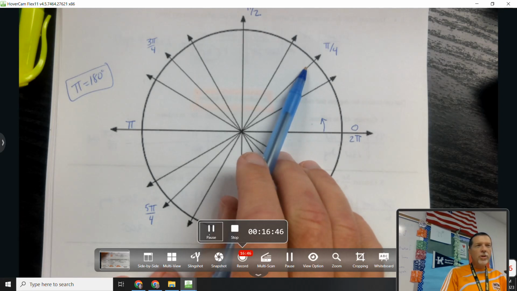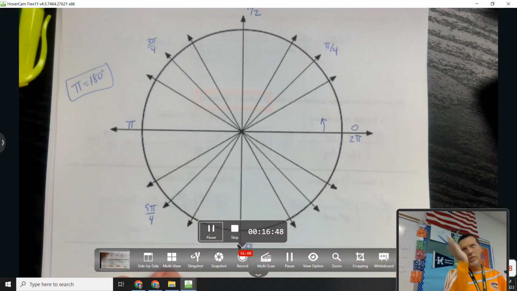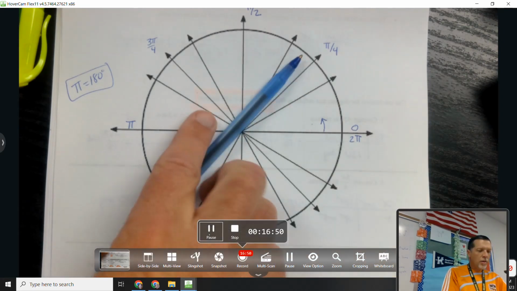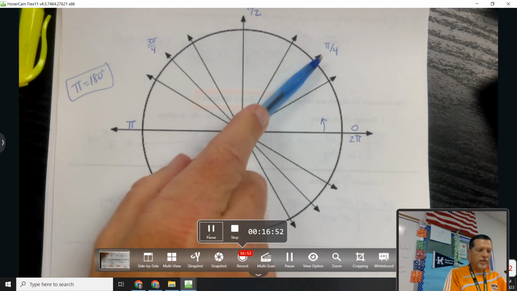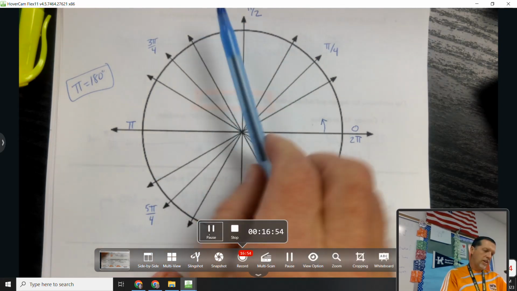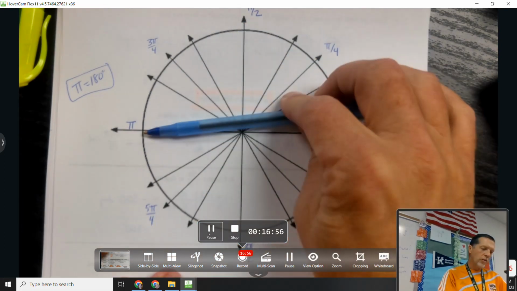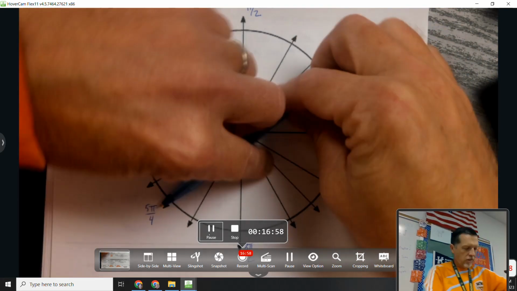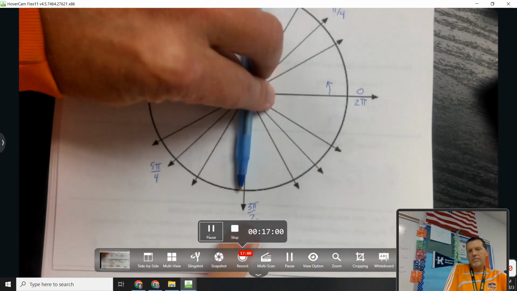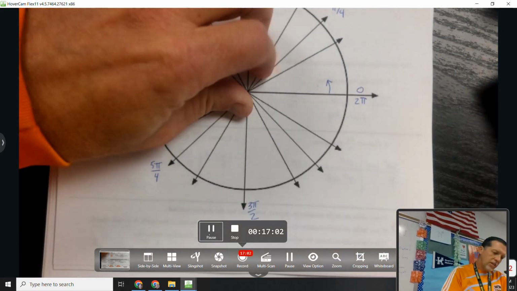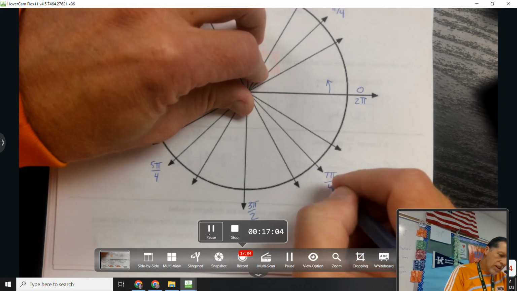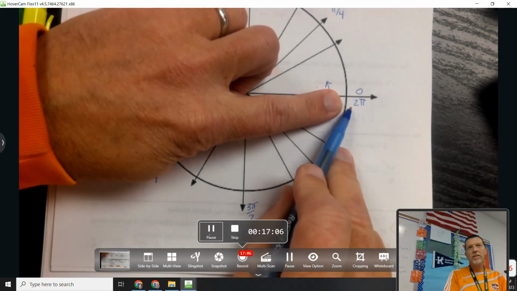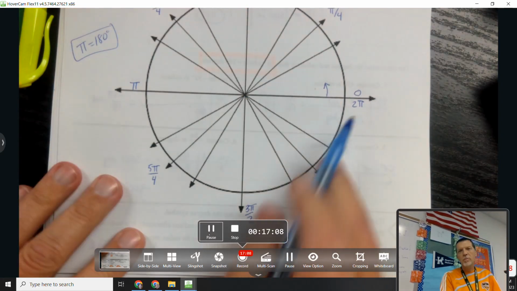You can count by pi over 4s if you'll count by 45s. Pi over 4, that's 1/4. 2/4, 3/4, 4/4, 5/4, 6/4, 7/4, and 8/4. And then of course we reduce them each time.